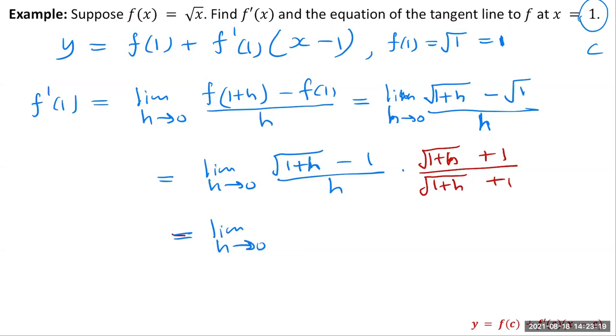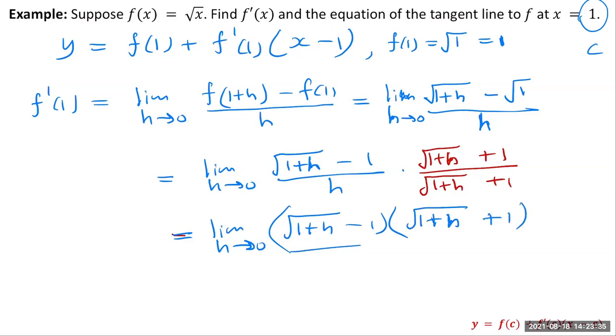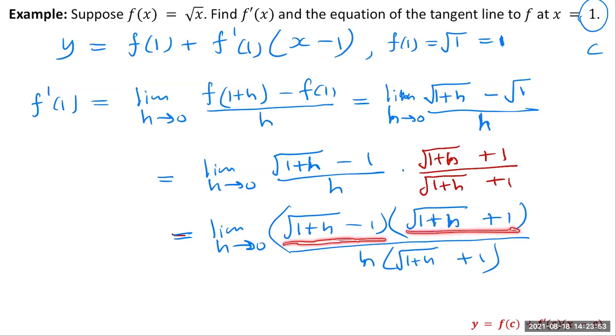In the top, notice that we have this times this: square root of 1 plus h minus 1 times square root of 1 plus h plus 1, divided by h times square root of 1 plus h plus 1. Now notice that this looks like the difference of two squares, a minus b times a plus b.